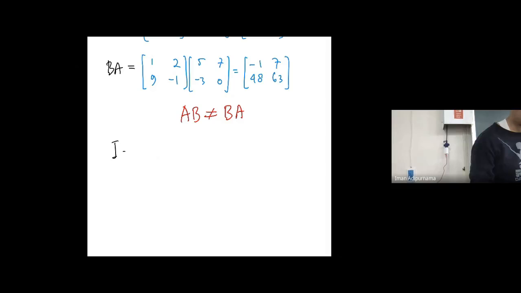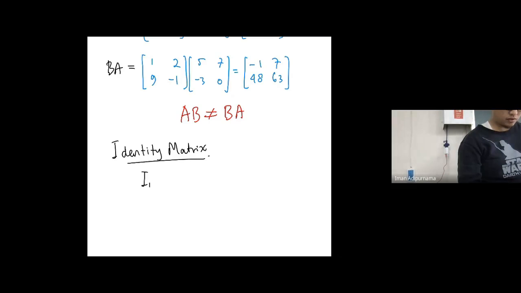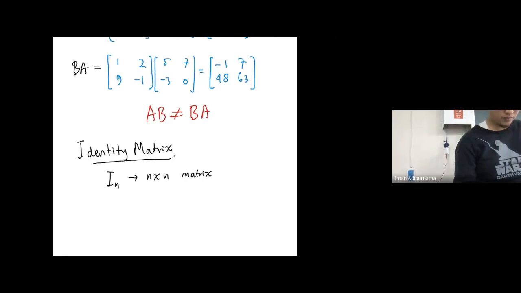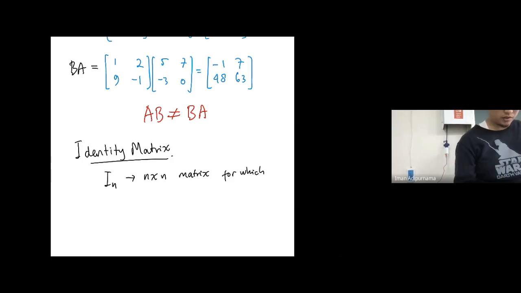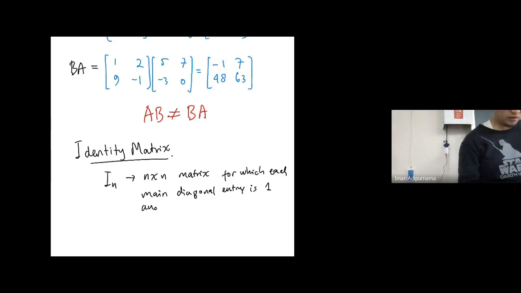The next one is called the identity matrix, or we write the identity as I, the big capital I. This is the matrix for which each main diagonal entry is 1, and all others are 0.